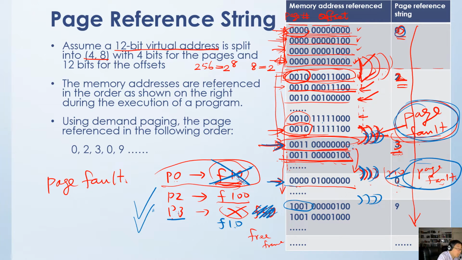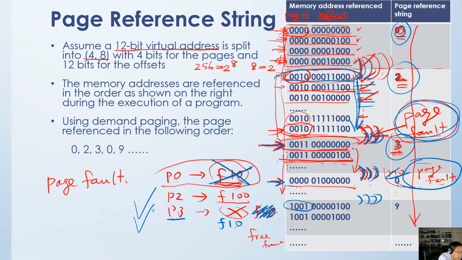So when you use a page replacement algorithm, the thing that matters most is the page reference, right? We don't care about the actual virtual memory address, because if all these nearby addresses are in the same page, then only the first reference may trigger the page fault. The follow-up definitely will not.